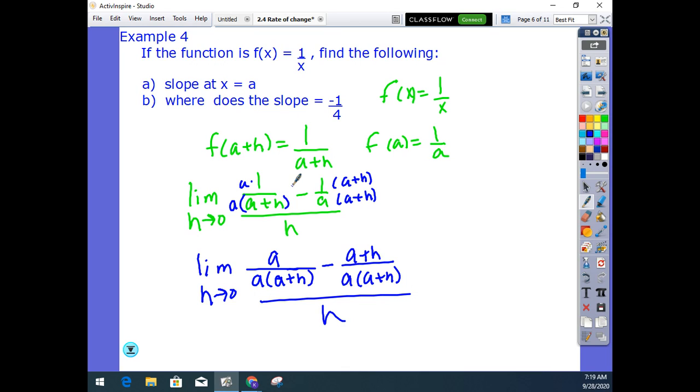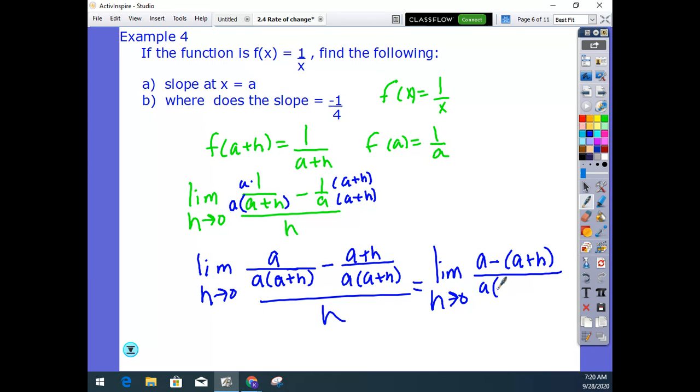So I just got a common denominator here, put it all over the common denominator, each one. So I'm going to carry over the limit as h approaches 0 of a minus the quantity a plus h.